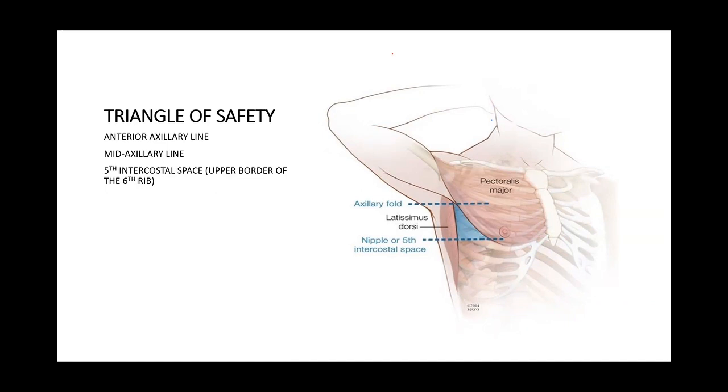The posterior border is the mid-axillary line, which is the anterior border of the latissimus dorsi muscle. Then the inferior border is the 5th intercostal space or the upper border of the 6th rib. These form the triangle of safety.